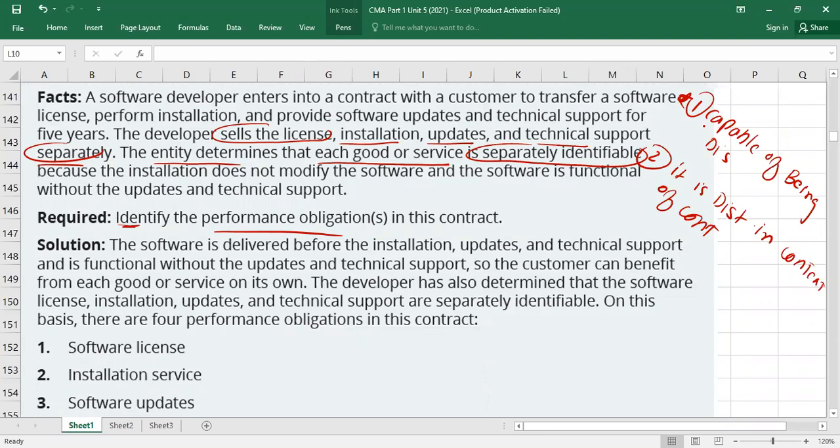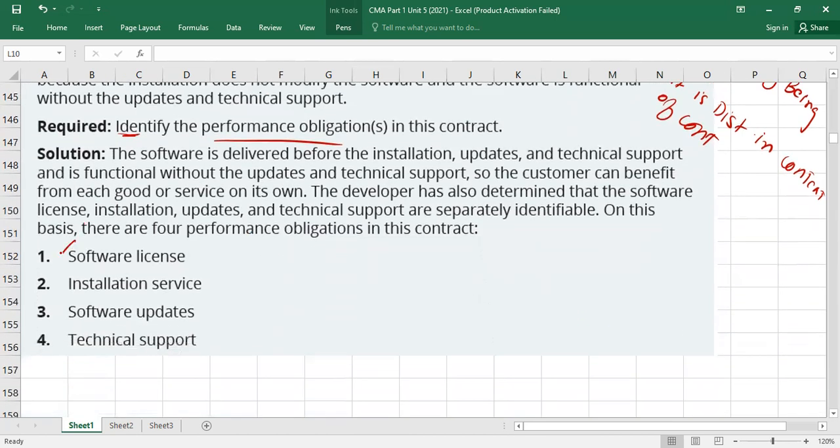And in the context of the contract, these are 4 different things because they are separately identifiable. It means there are more than one performance obligation. Software license is one performance obligation. Installation services is another. Software updates is the third, and technical support is the fourth performance obligation.